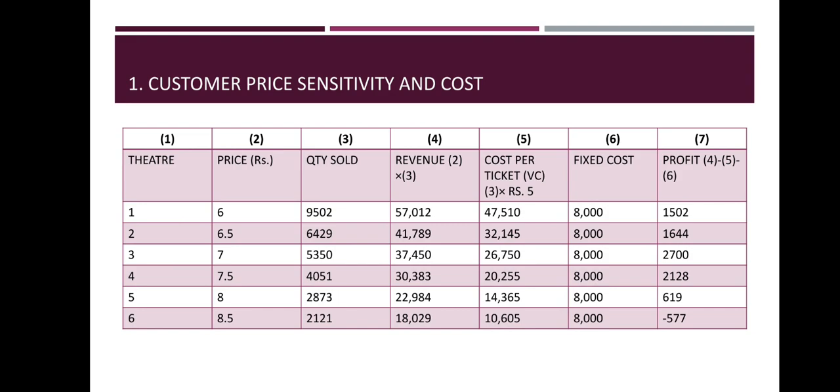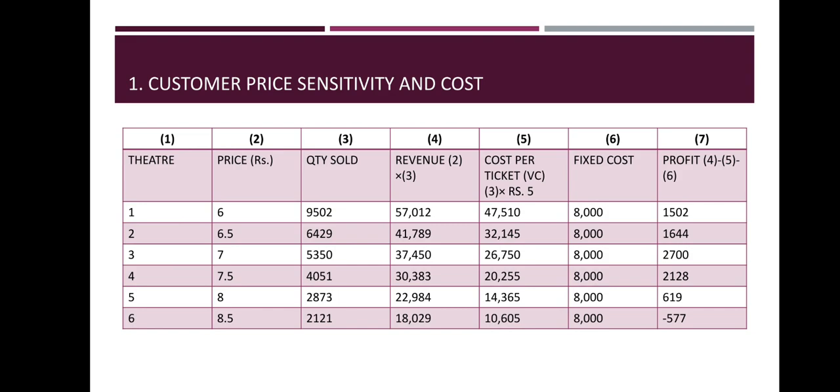Then the fixed cost is rupees 8,000, which is constant across every store. The profit is derived as revenue minus cost. Cost includes both the fixed cost and the variable cost. As you can see here, the profit increased from 1,500 to 1,600, later decreased, and is negative at minus 577 when the price is 8.5.